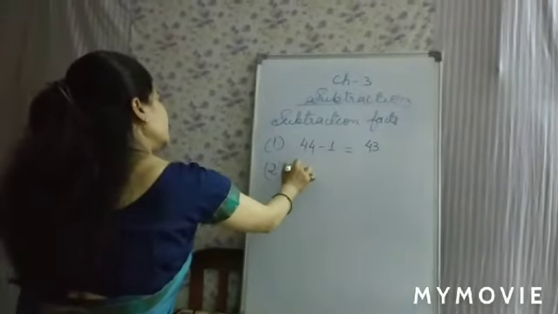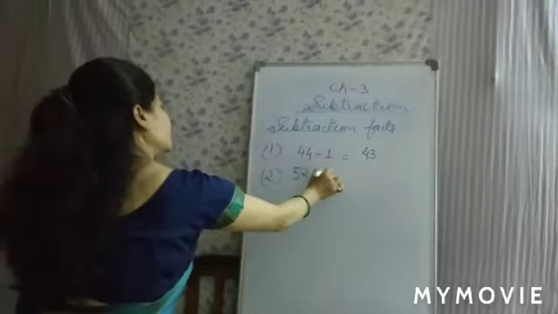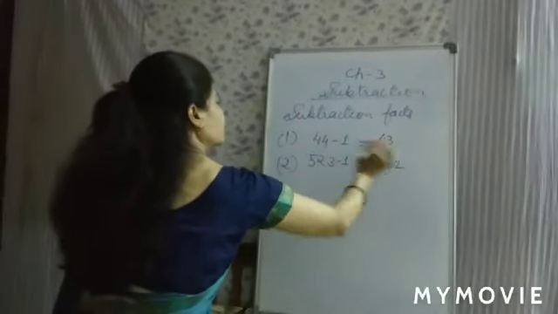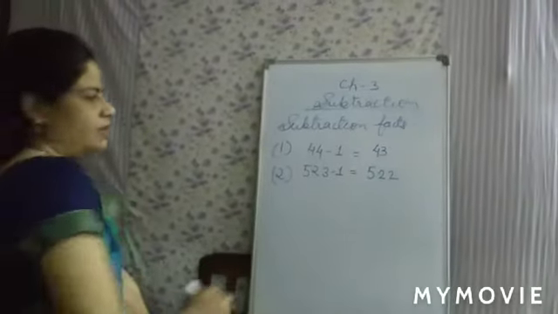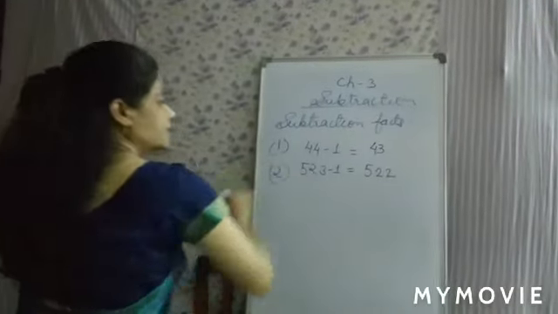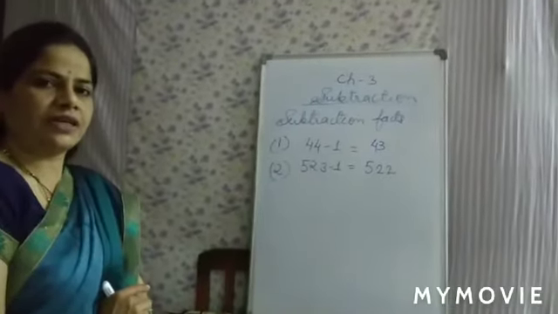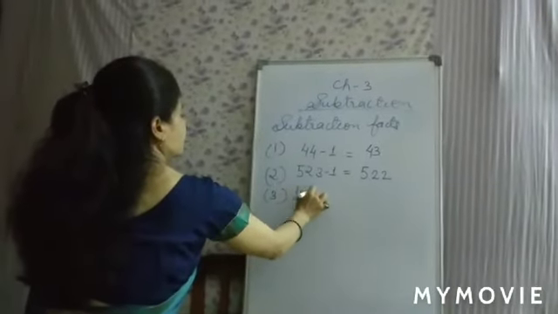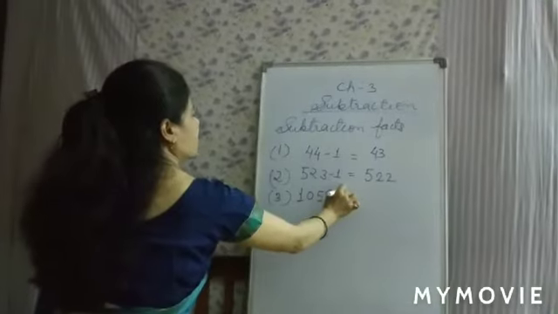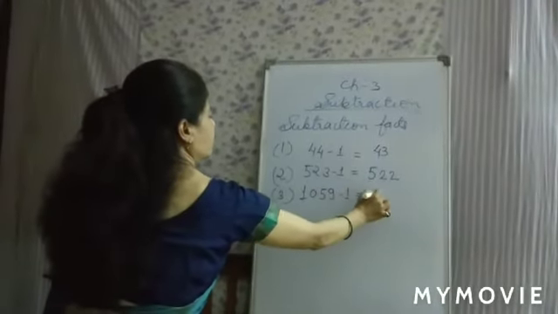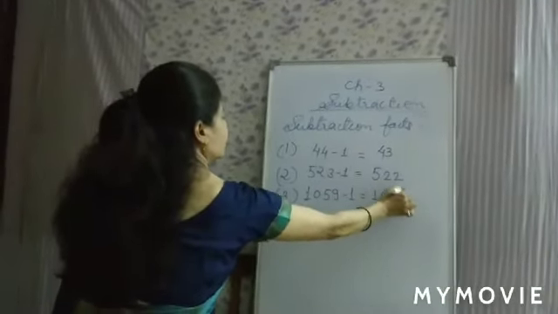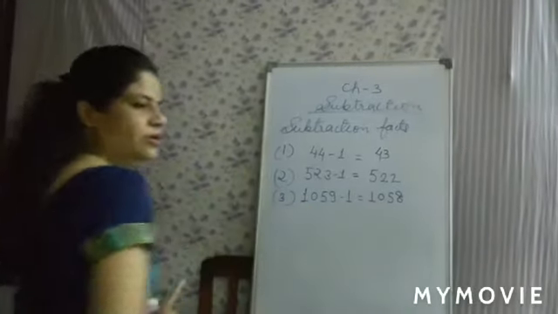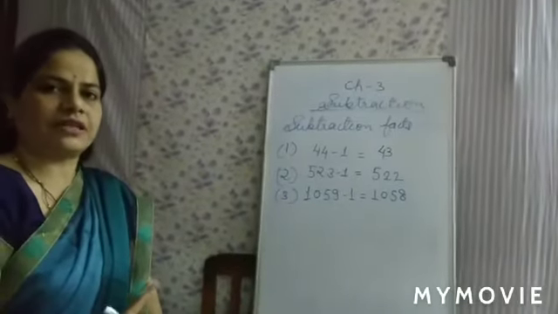Second example, 523 minus 1. What will you get here? 522. 522 is the predecessor of 523. 1059 minus 1. What will you get? 1058. See, 1058 is the previous number of 1059.